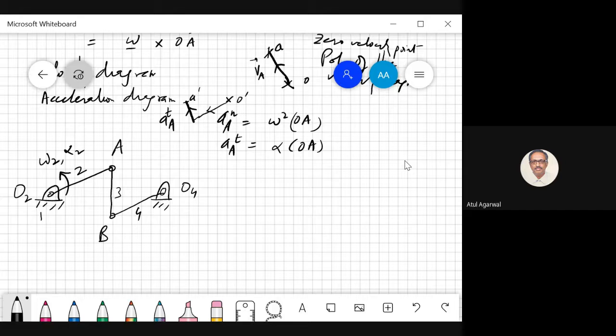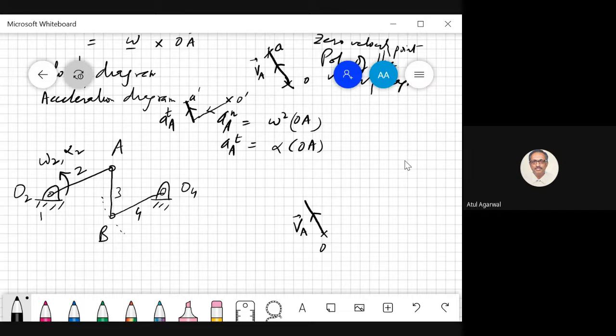Now, what is the velocity of point A? You have already seen. It will go like this. Now, what is the velocity of point B? It has to be perpendicular to this line because O4 is a fixed axis of rotation. So this point B has to go like this.